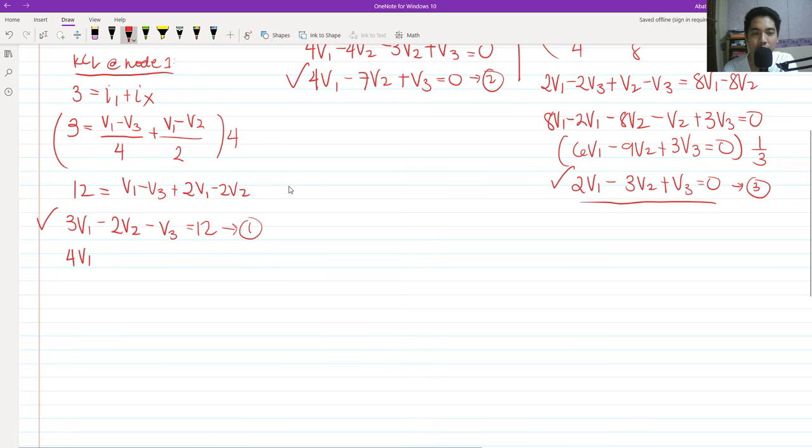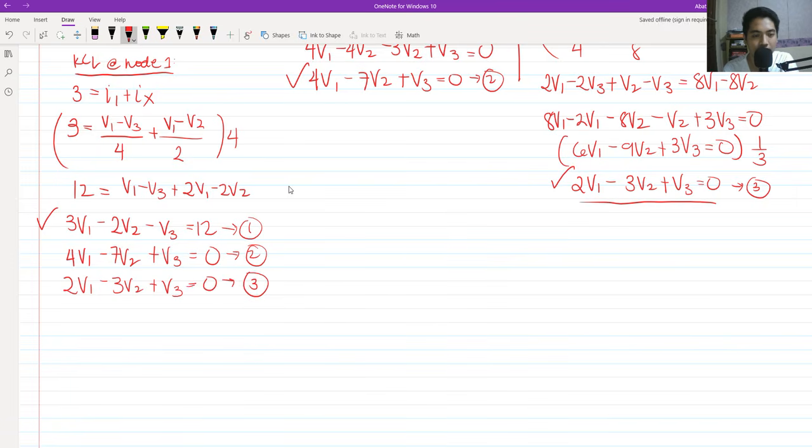For equation 2, we rewrite it as negative 7V2 plus V3 equals 0. Our equation 3 is 2V1 minus 3V2 plus V3 equals 0.